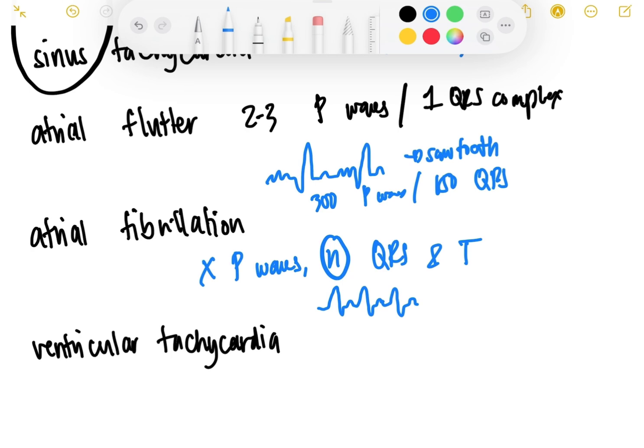At pwedeng mag-clot yan or magbara sa brain ng tao, which can cause stroke. Bakit siya magkakaroon ng stroke? Kasi nai-impede or nababarahan yung flow ng dugo, which basically impedes the flow of oxygen into the tissues of the brain, which causes death of those tissues. And that, everyone, is stroke.